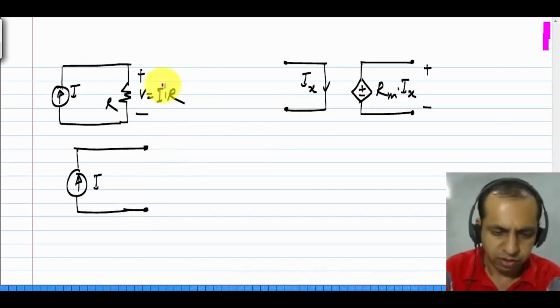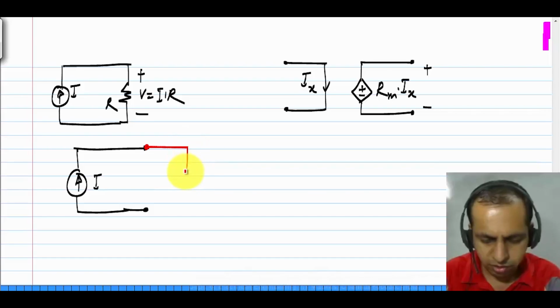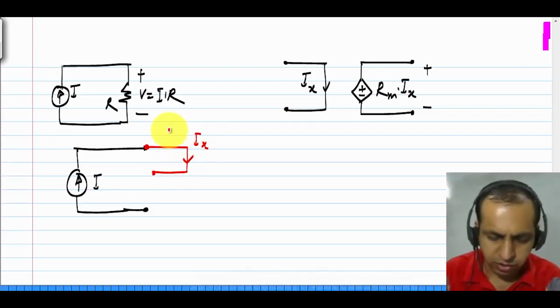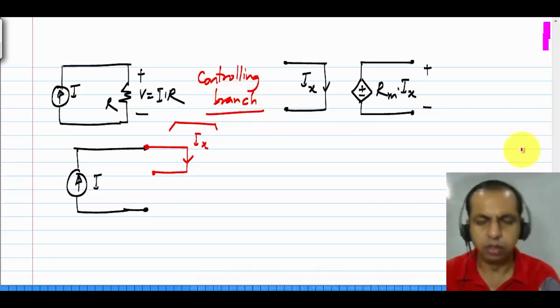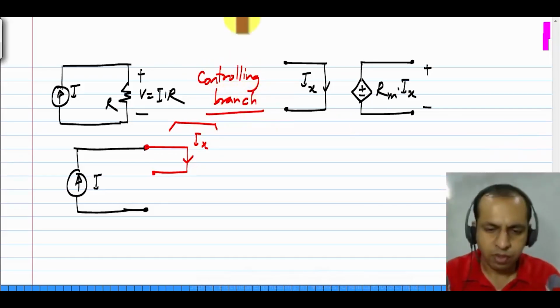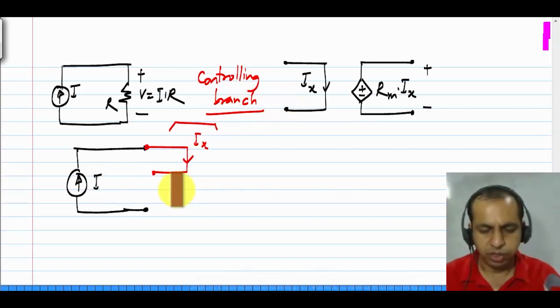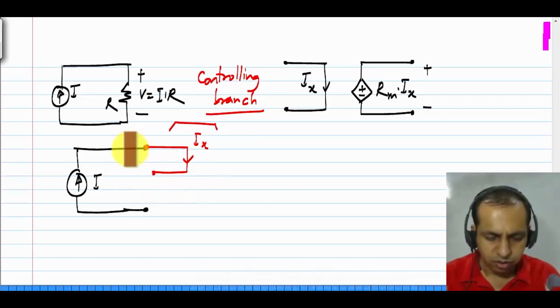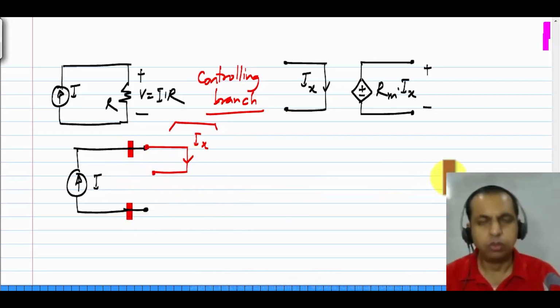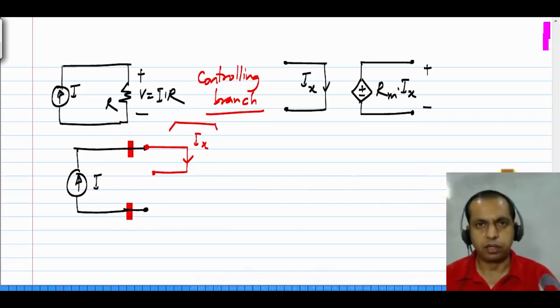So, I will show it like this. This is Ix and this is the controlling branch, and this current must flow through that, and I want the voltage between these two to be proportional to the current.